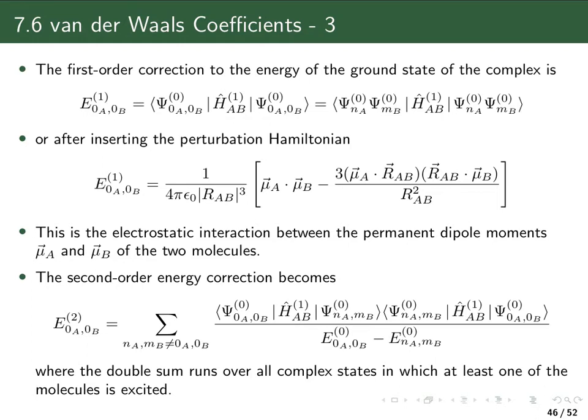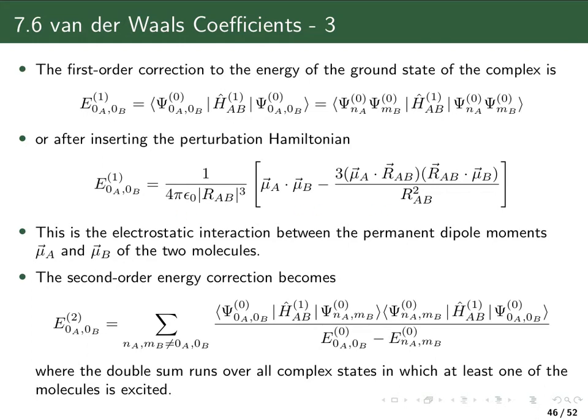And since the wave function here is a product of the unperturbed wave functions, of course the dipole moment operator of molecule A is only going to act on the wave function of molecule A and vice versa for B, which means that the first order energy correction just is an expression like this here, where we have the dipole moment of molecule A and the dipole moment of molecule B. So it's basically just the expectation value of the perturbation operator.